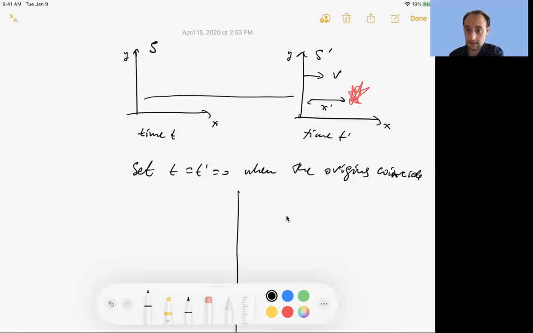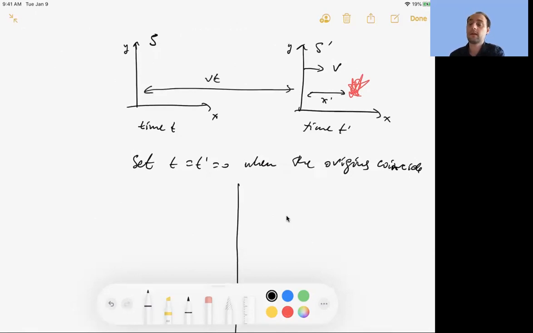So x is x prime plus vt. And again, v can be negative. Of course, that means that the time when this happens also has to be negative because the origins coincide at t equals 0. But don't worry about it. The point is that this works even for negative v. And so we found that x equals x prime plus vt.